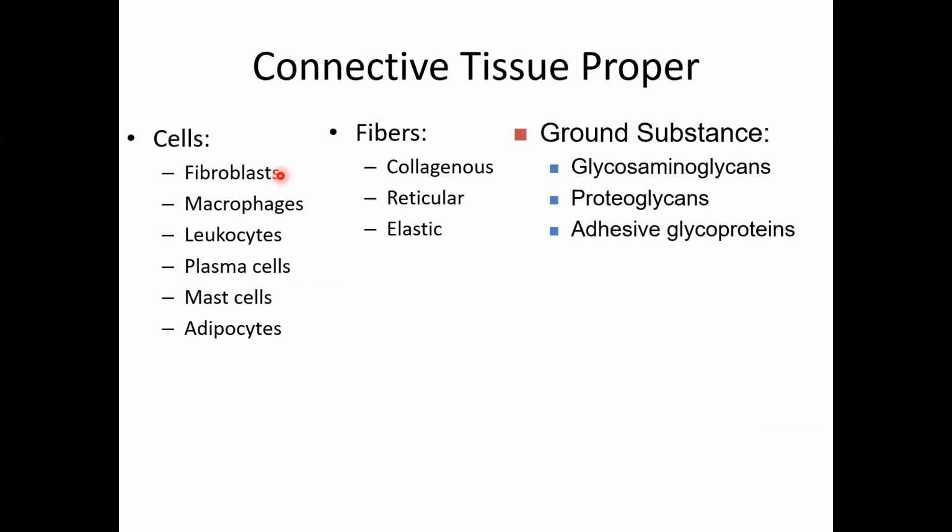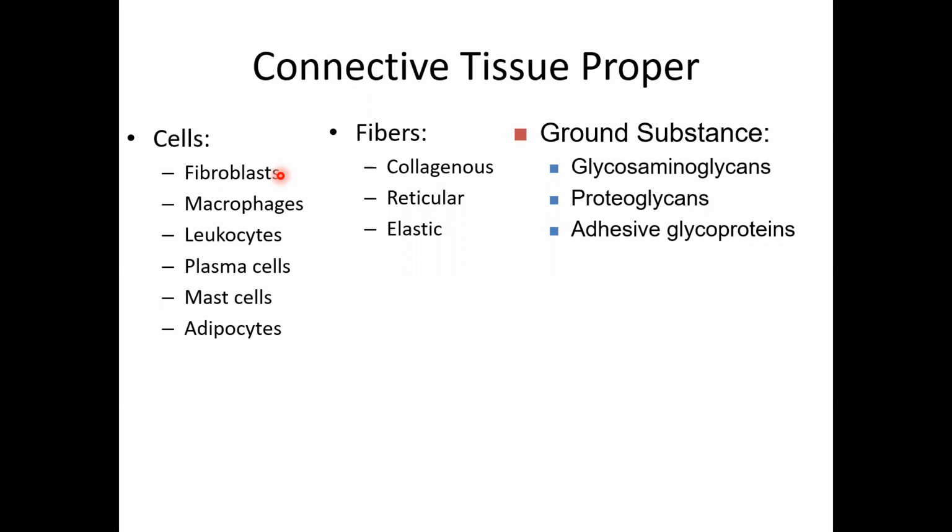All of those things have immune function. Leukocytes are white blood cells. Macrophages are cells that will eat other cells. Plasma cells make antibodies. Mast cells release histamine. Adipocytes are fat cells. But all of those cell types are associated with connective tissue proper.